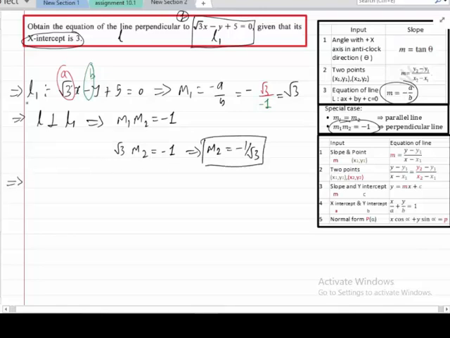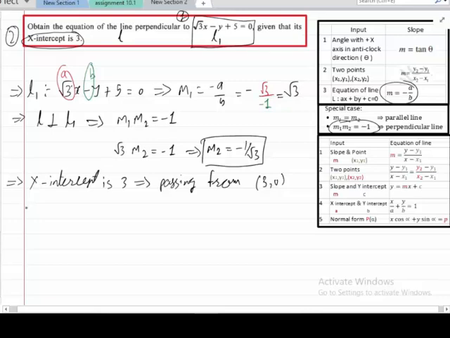Now let's move to the second condition. The second condition is that our line L has x-intercept 3. That means it is passing through the point (3, 0). Okay, so let's collect the data.